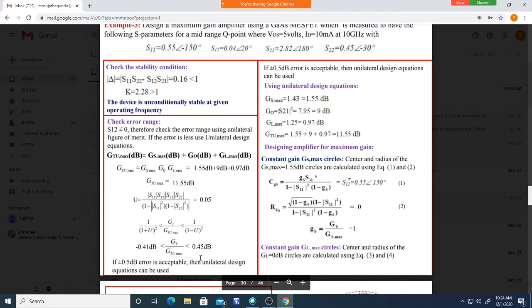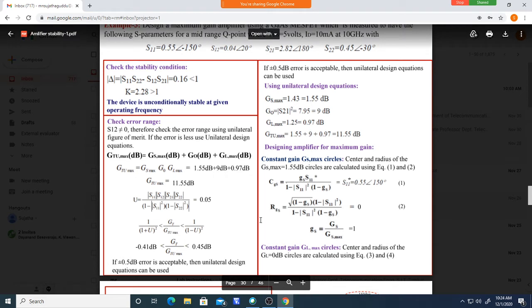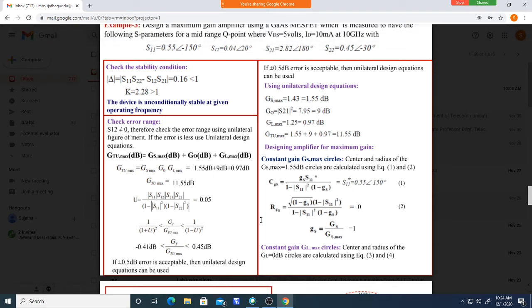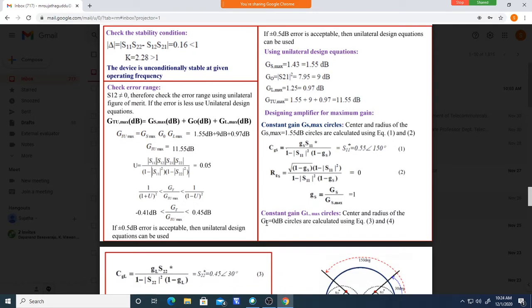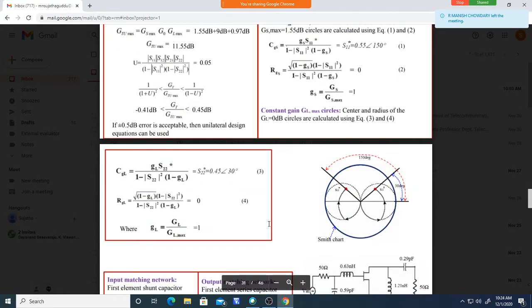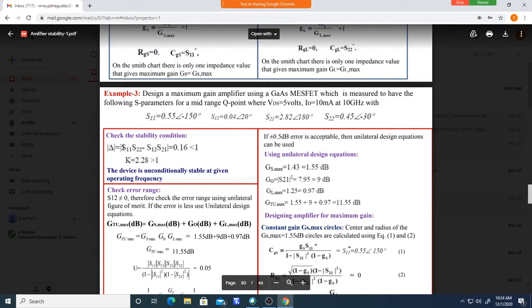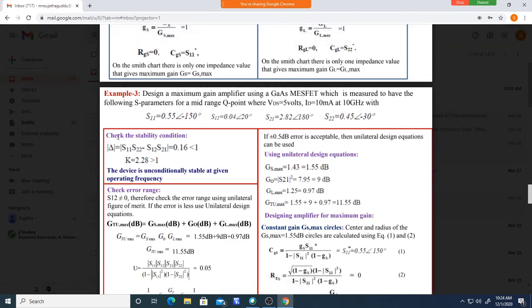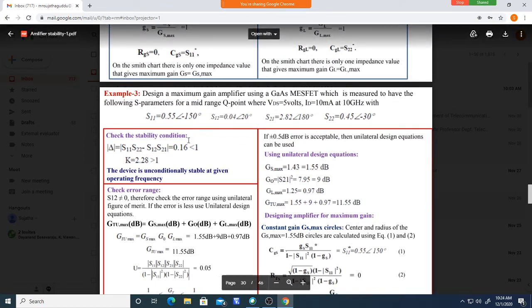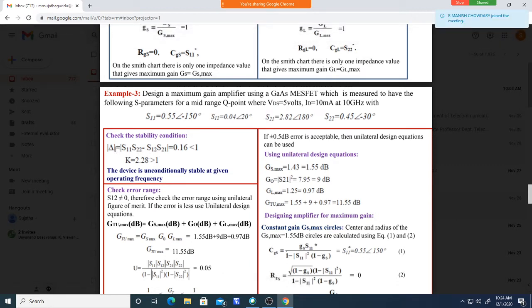The next step is the stability check. You should first check the stability. How to do the stability check? You know delta, and check the stability condition. Delta and k we have to calculate.